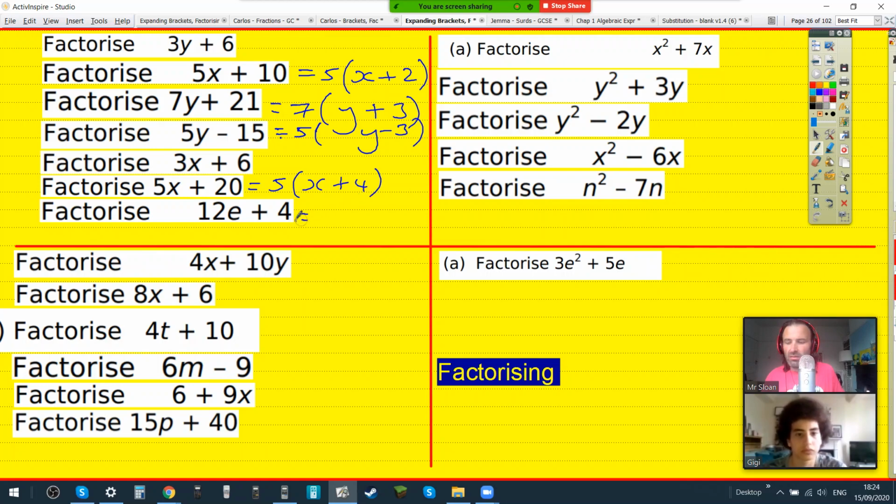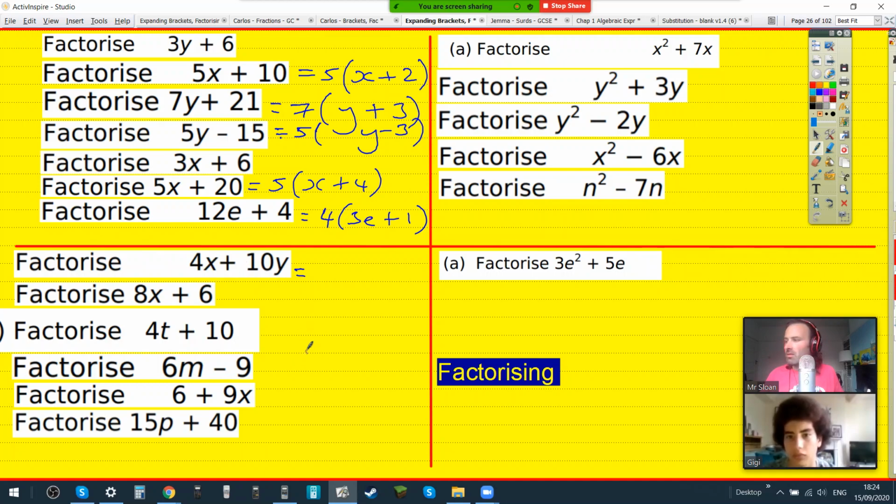And the very last one for that section. 4 times 3e plus 1. Well done.